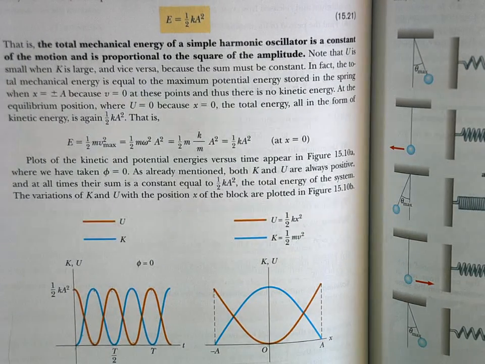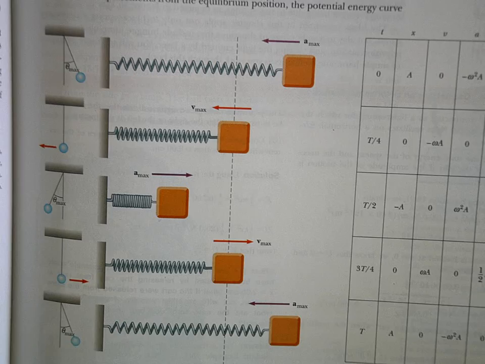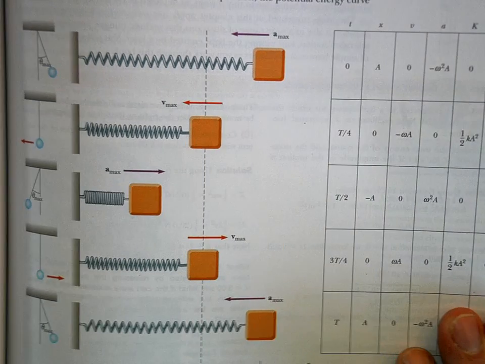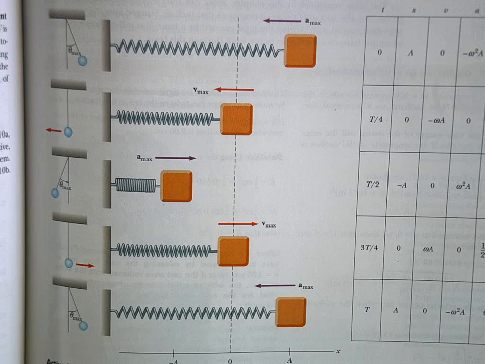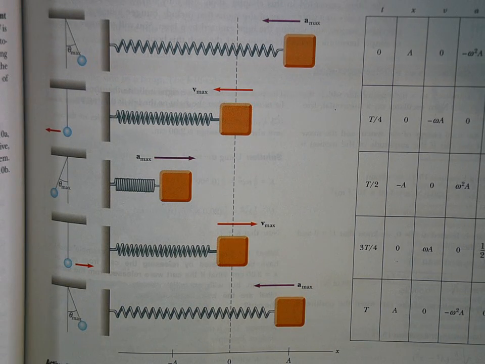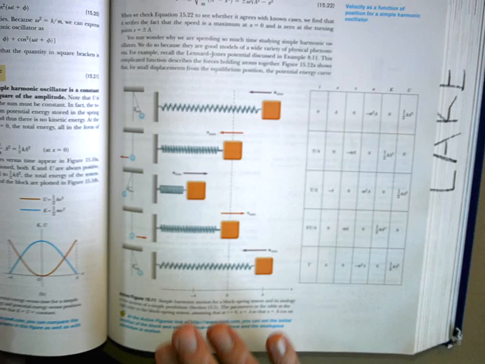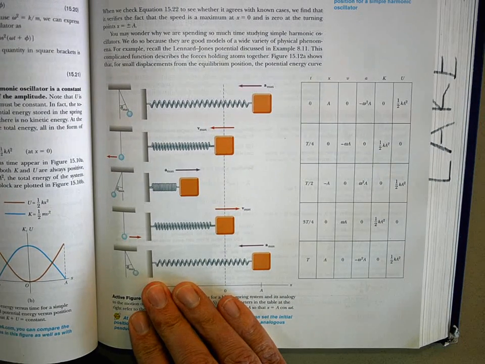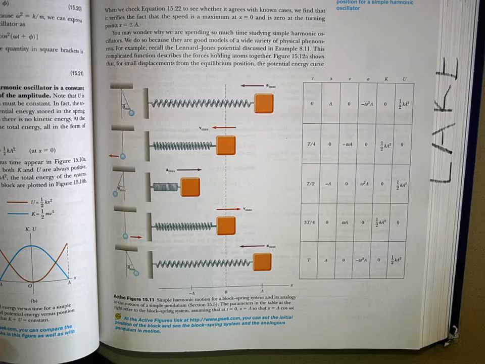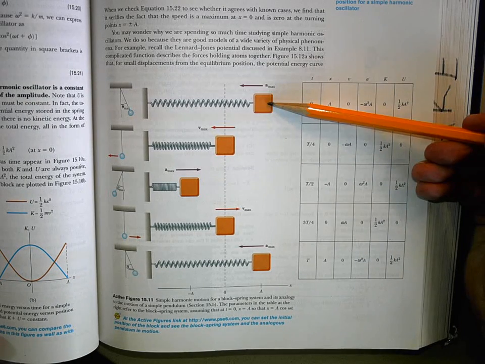Now, finally, I want you to look at this figure. This is figure 15.11 in the book. And it's rather complicated to draw, so I'm just going to use the book here. But here we're starting at t equals 0.